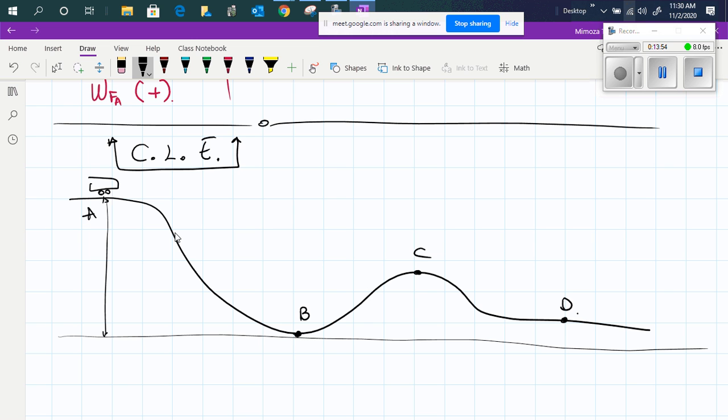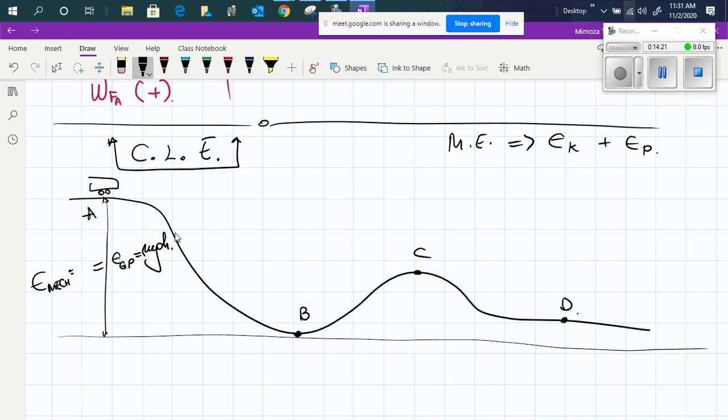So now what do we have here? If we don't have any loss of energy as a result of friction, the gravitational potential energy that is calculated as mgh is the mechanical energy of the system, because mechanical energy of the system is the sum of kinetic energy and potential energy.